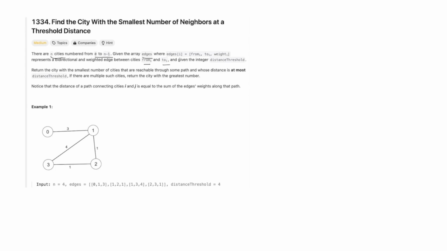We will be given n, which means there are cities 0 to n minus 1, total n cities, and they also give us edges.